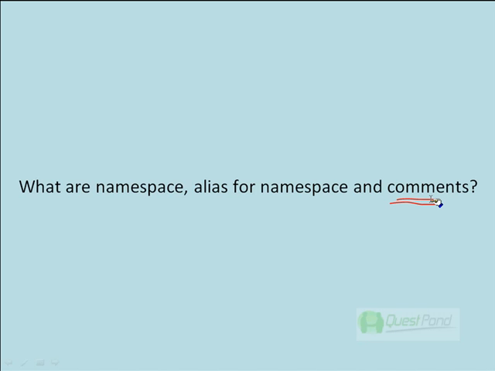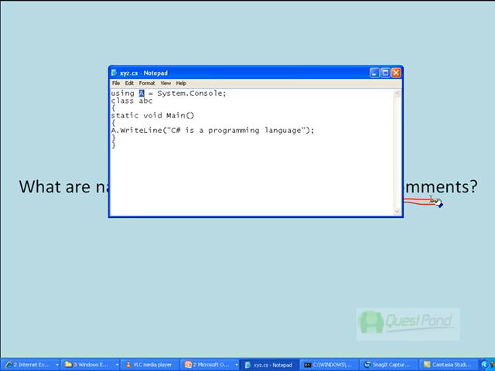C# has two types of comments. The first one is the single line comment, and the second one is the multi-line comment. We will see how the single line comment and the multi-line comment can be identified with the symbols associated with them in the source code itself.